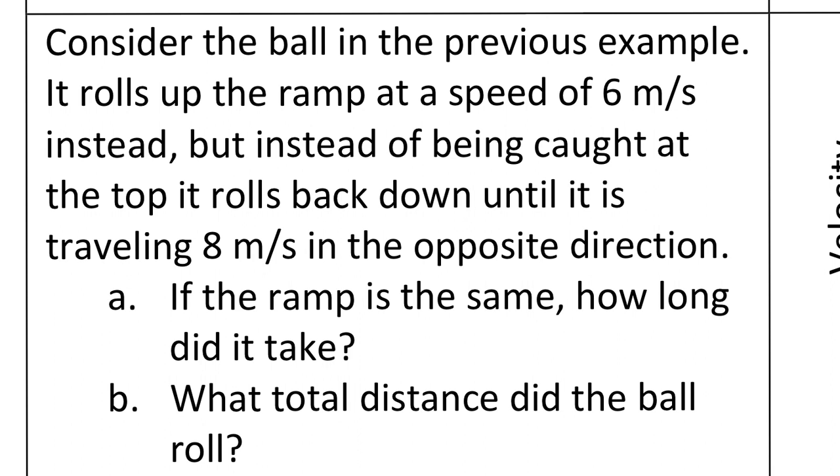Considering the ball in the previous example, it rolls up the ramp at a speed of 6 meters per second. But instead of being caught at the top, it rolls back down until it's traveling 8 meters per second in the opposite direction.